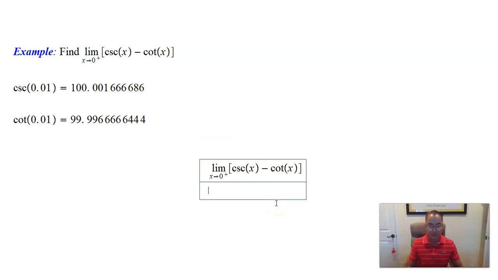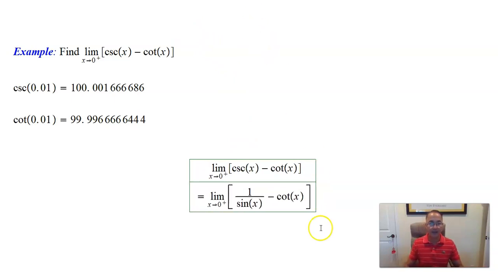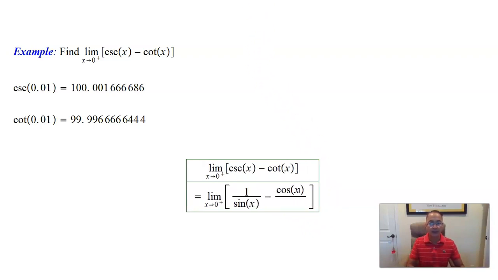But we said cosecant is the same as 1 over sine, so we'll replace that with 1 over sine of x, and cotangent is cosine over sine, so we'll replace that with cosine x over sine x.